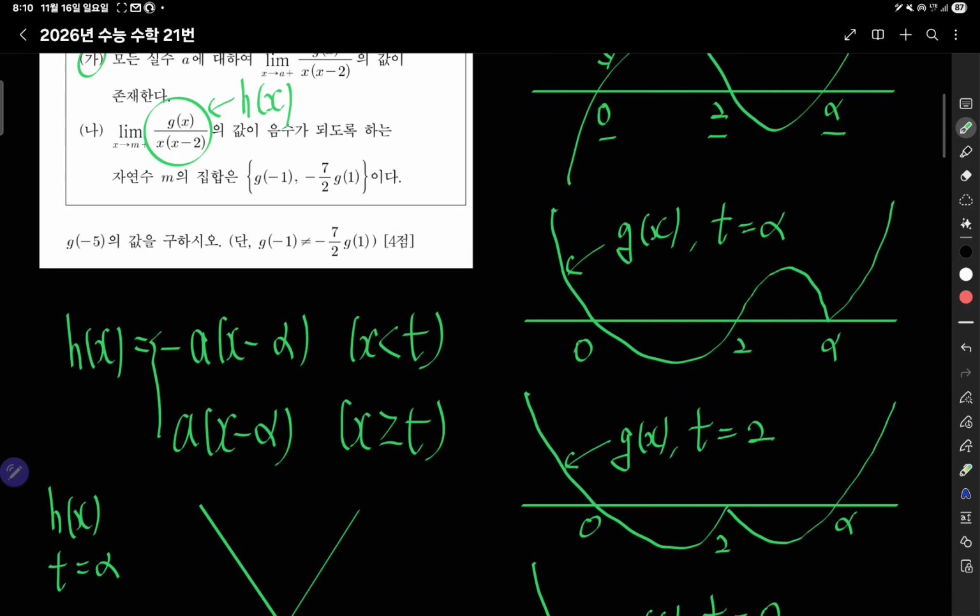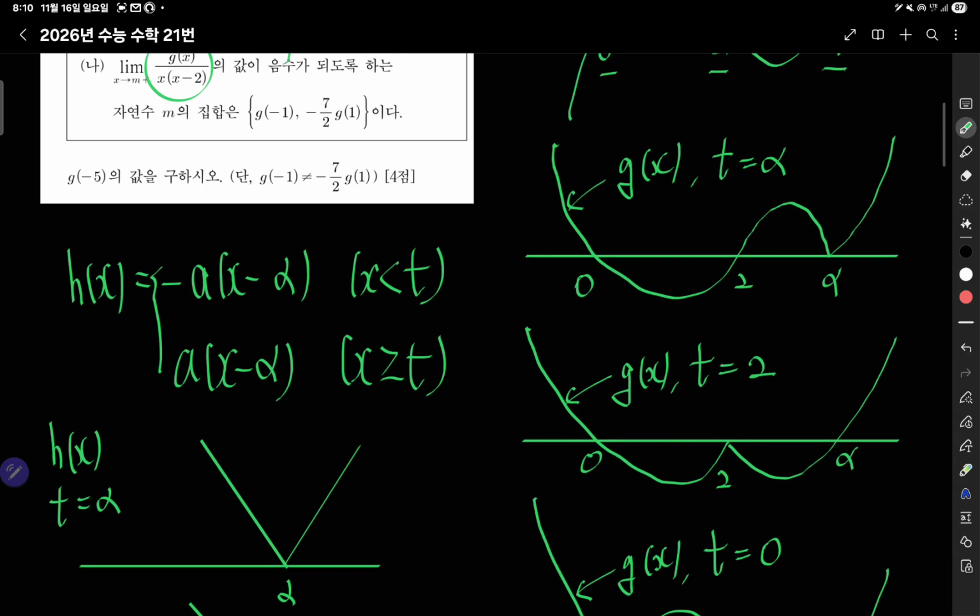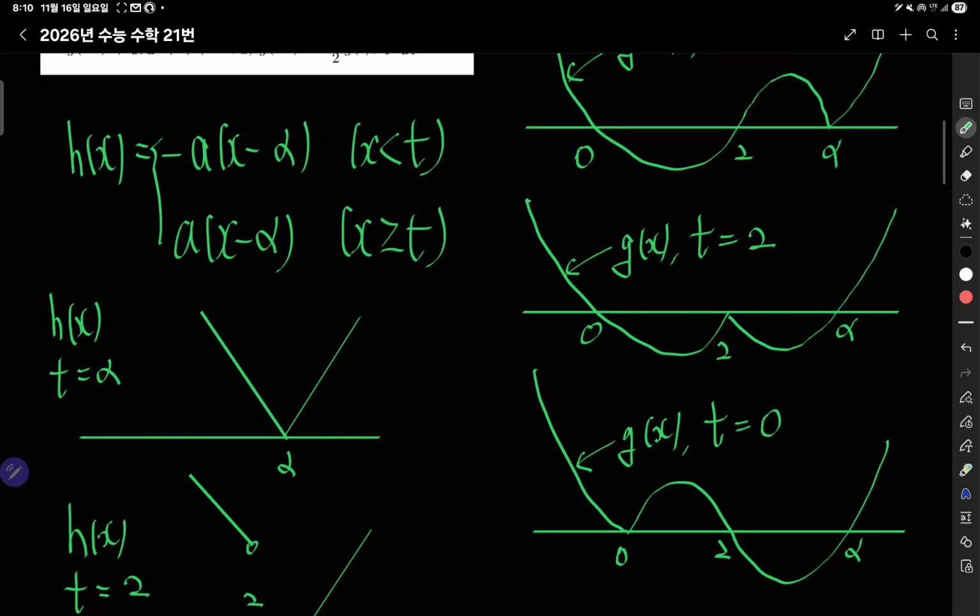The second case is when t is 2, the left portion of the graph will be reflected across the x-axis at the point 2 to make g of x. And the third case is when t is 0, the graph will be reflected at the point when x is 0.